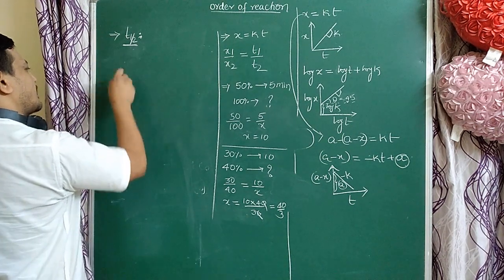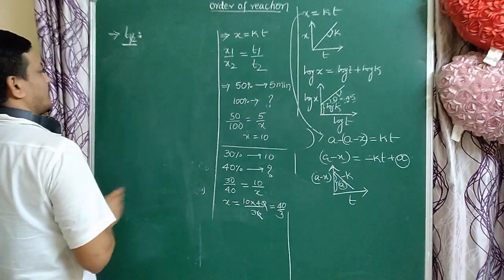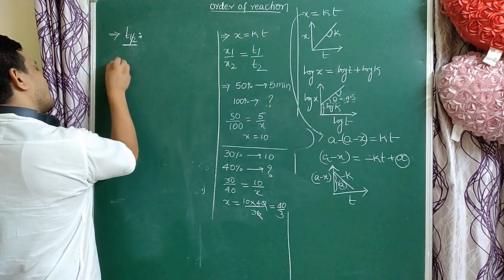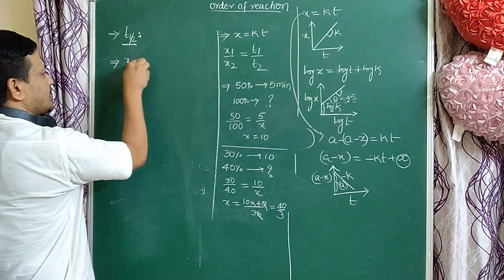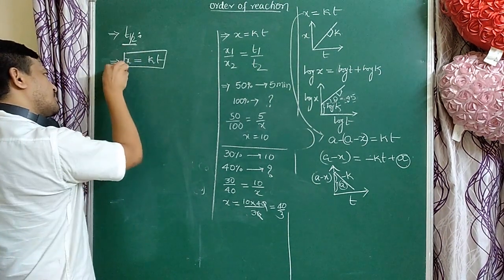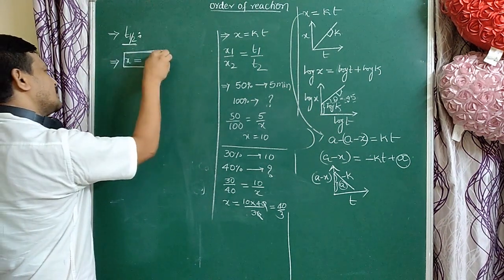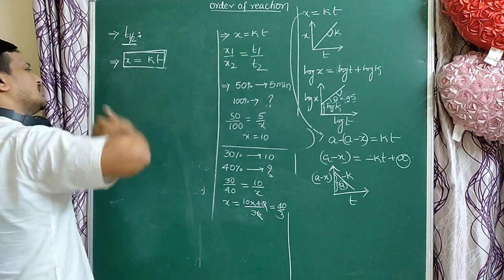So for a zero order reaction, what is the half-life? Here x equal to kt is the basic formula. This is the mother formula of the zero order reaction. By using this formula, you have to derive everything.